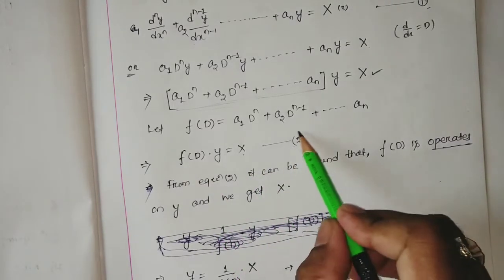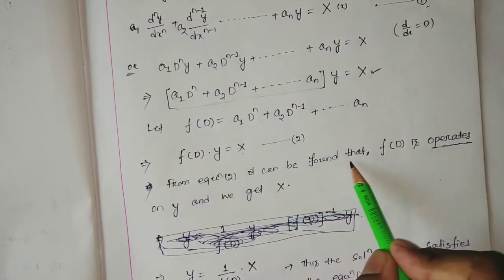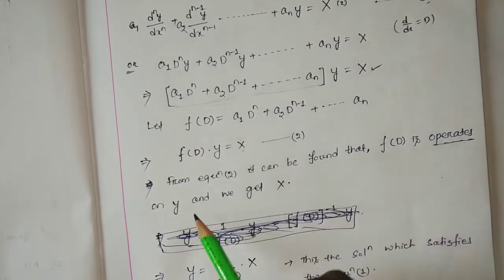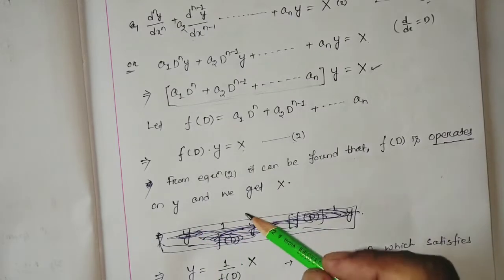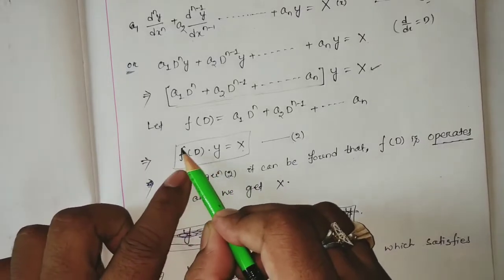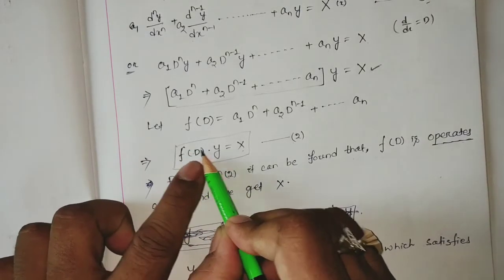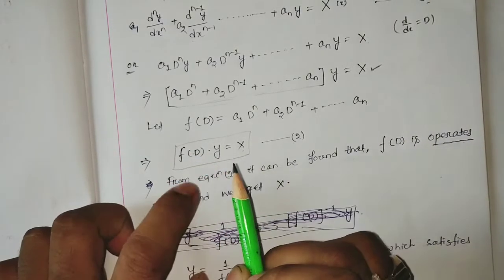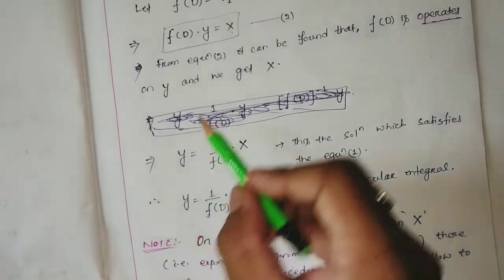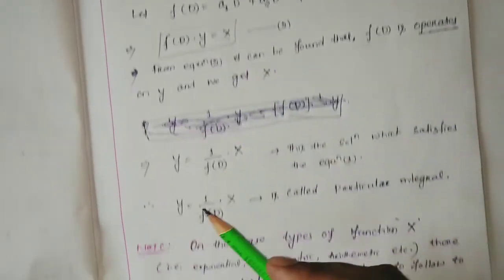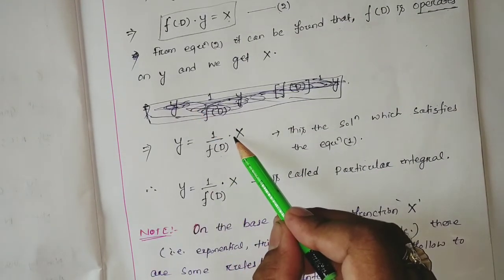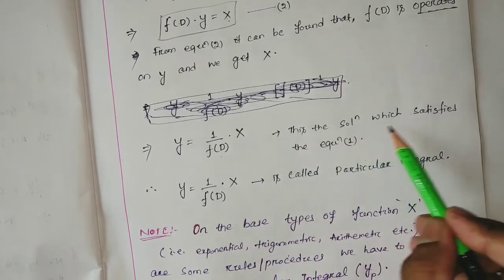From equation number 2, f(D) operates on y and we get X. From this expression, one can perceive that this is one type of operator which operates on y and we get X. So that implies y will be 1 by f(D) into X. This is the solution which satisfies equation number 1.